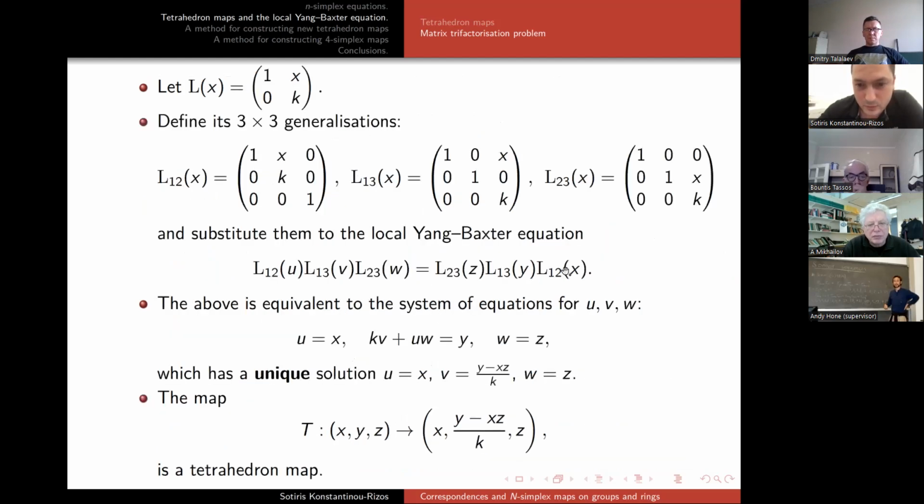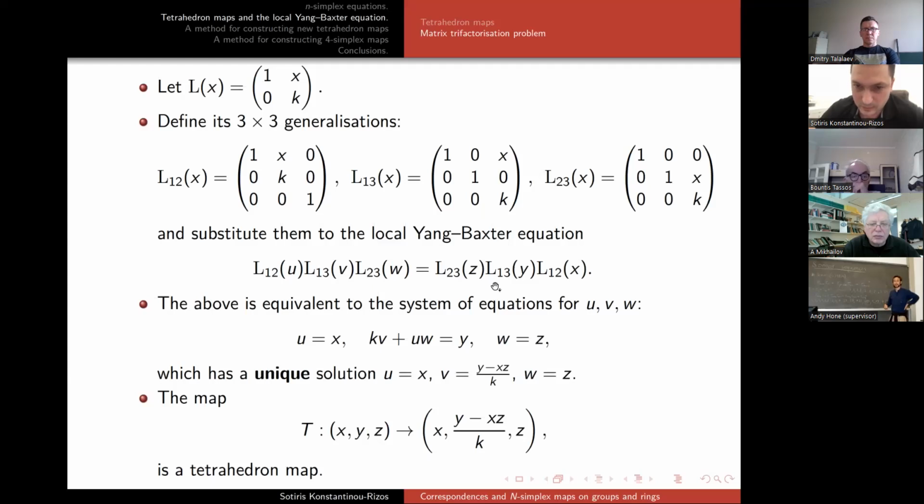So let me show you an example, starting with this simple 2x2 matrix. x is one variable, k is just a parameter. We define its 3x3 generalizations. After substitution into the local Yang-Baxter equation, we get the following system of equations.